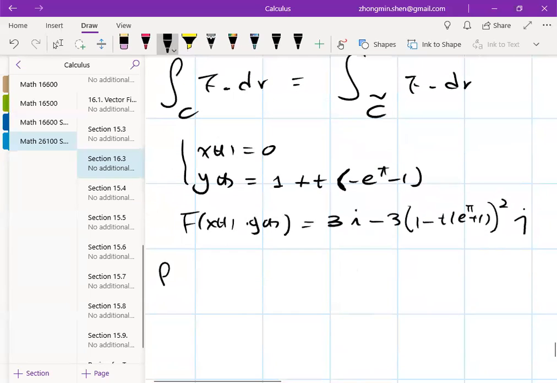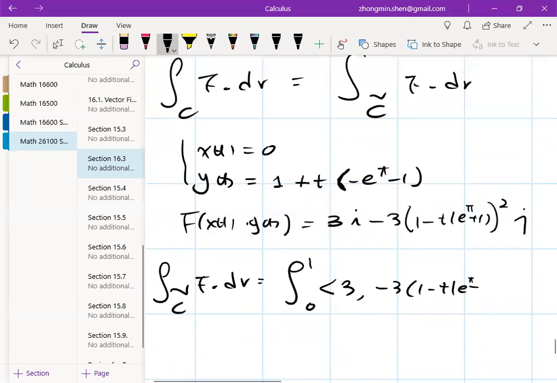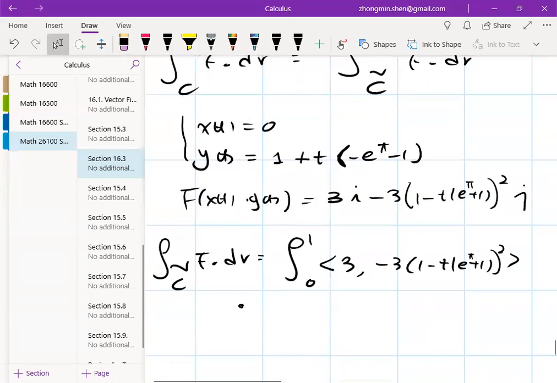So the integral is going to be the integral from 0 to 1. This is a vector (3, negative 3 times (1 minus t(e to the pi plus 1)) squared), and then the derivative of this r over t is going to be 0, and the derivative is going to be negative (e to the pi plus 1).